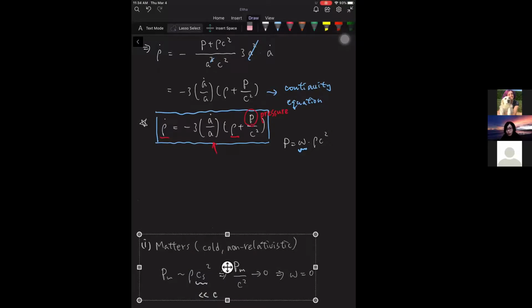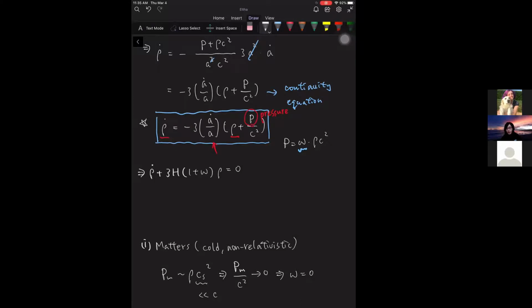Okay, so if we have a general term of P equals omega times rho c squared, then if we plug P equals omega rho c squared into the continuity equation, we would get rho dot plus 3H(1 plus omega) rho equals 0. So this is the general expression of the continuity equation.